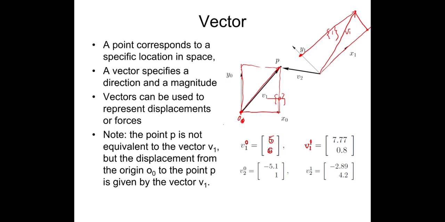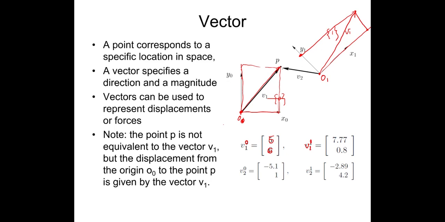So then here the thing is 7.77, and this is actually pretty small, just 0.8. Okay, so we parallelly move the thing to the frame 1. Then let's take a look at V2. Again, by definition, what does V2 mean? V2 means the displacement from O1, from the origin, to the point P in this frame.